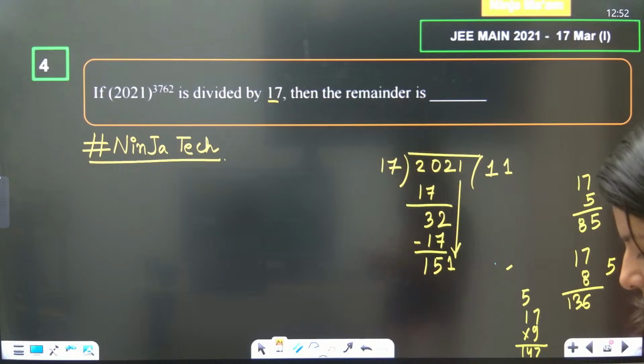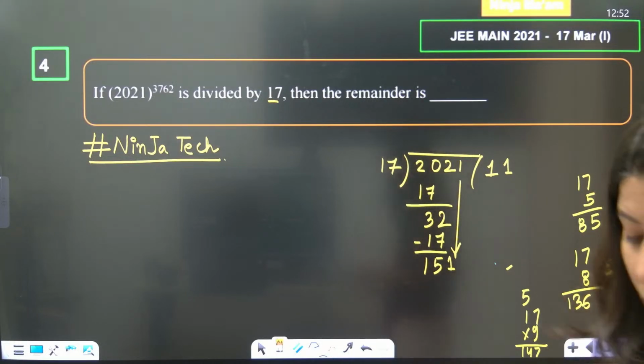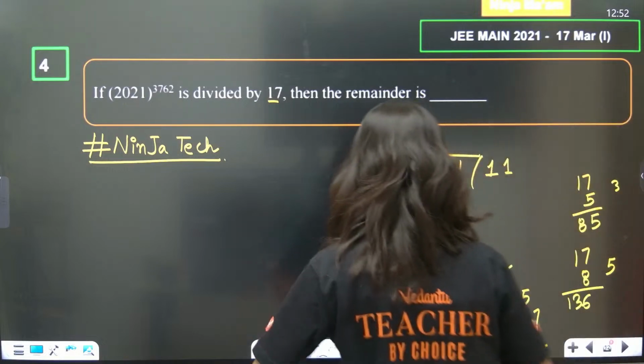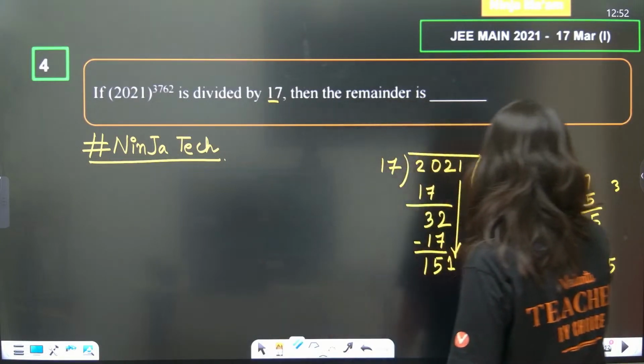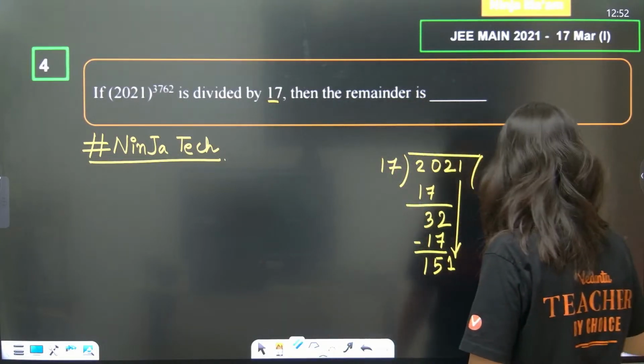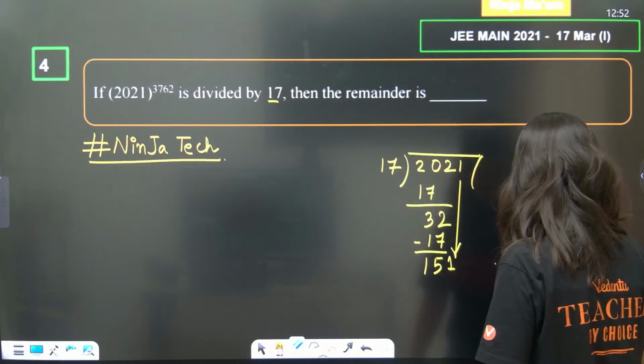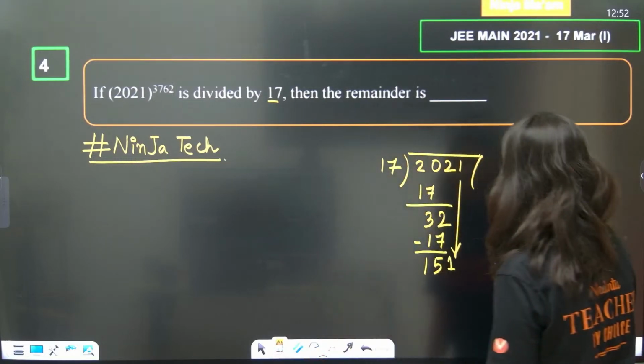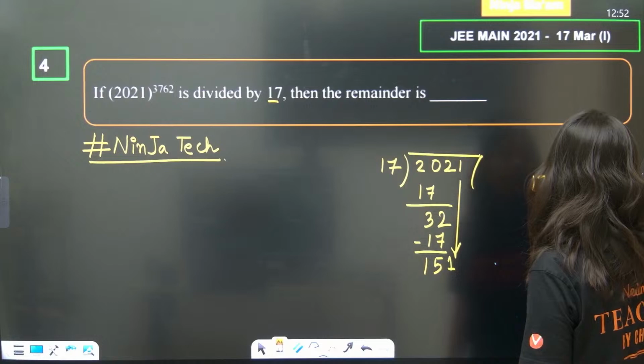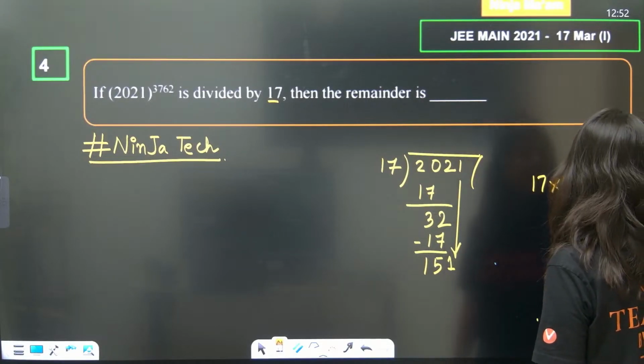Okay. 17 multiply 119. So 2023. Okay. Yes. See what I have got. 17 multiply 119 is nothing but 2023.